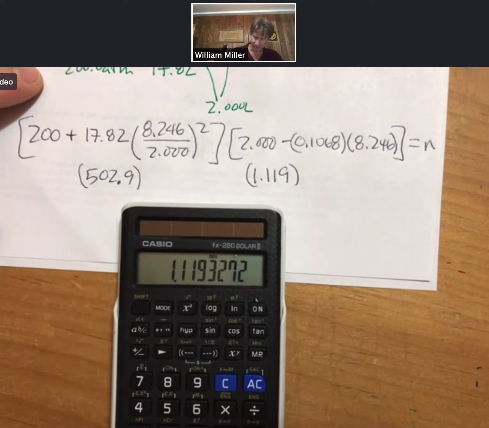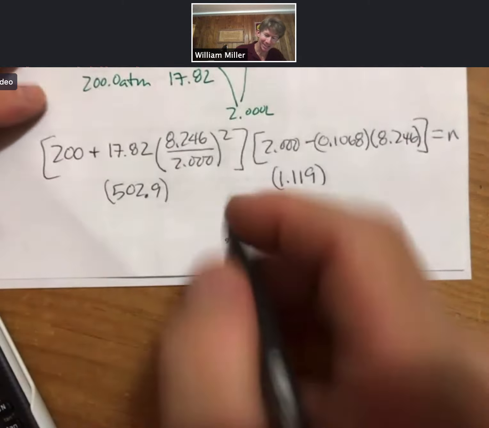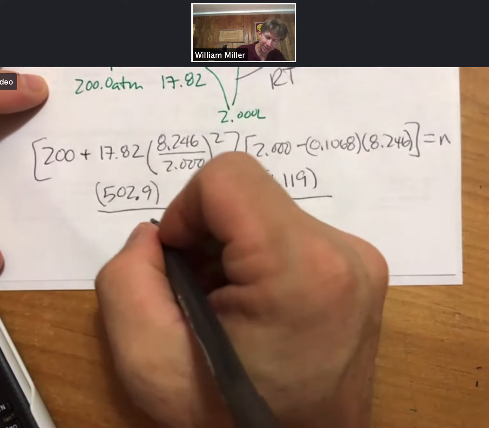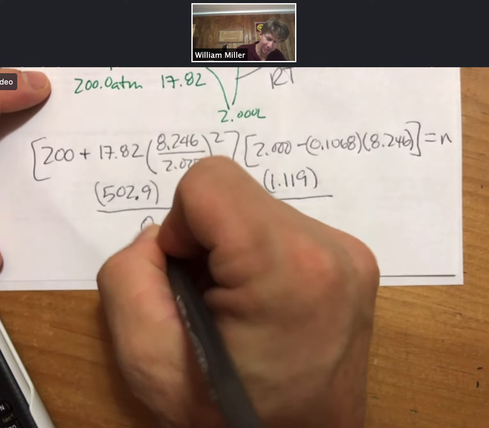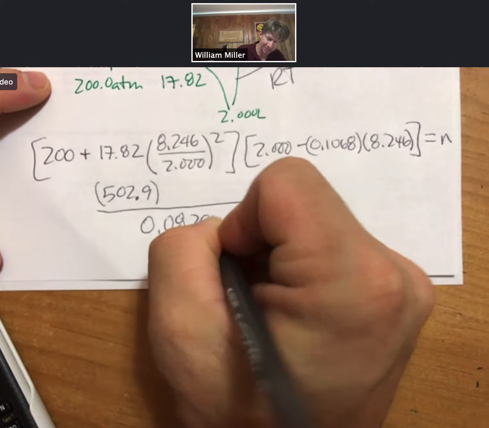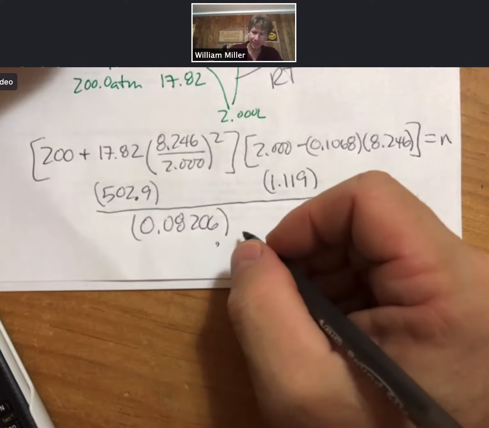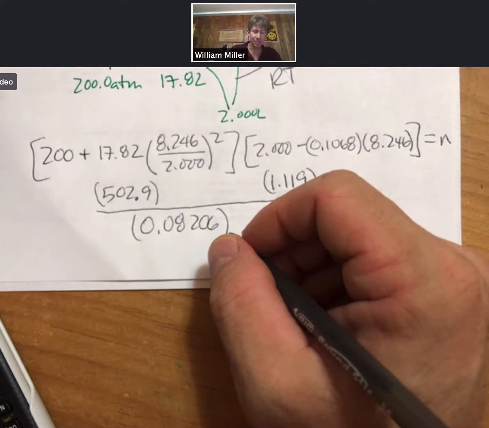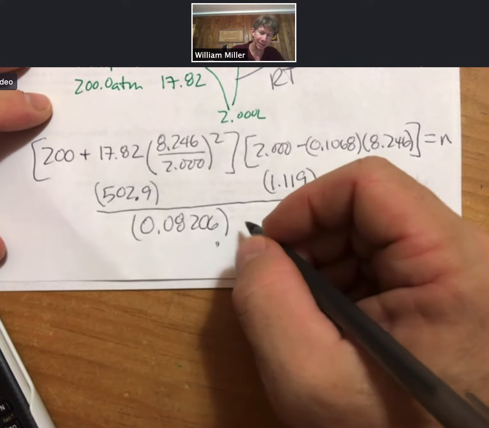Let's give it a shot. Oh, I'm sorry, I forgot my divided by RT. R is 0.08206, and T is 200 degrees above my boiling point.